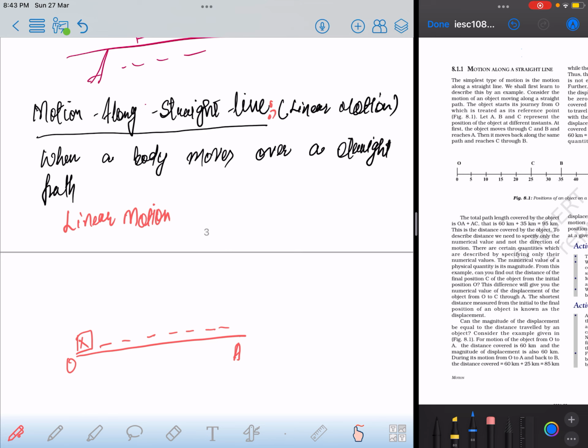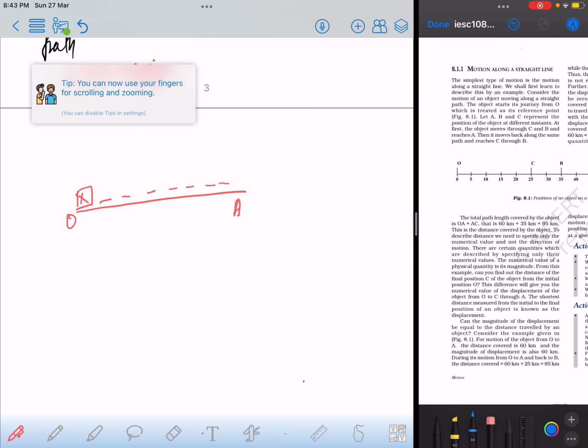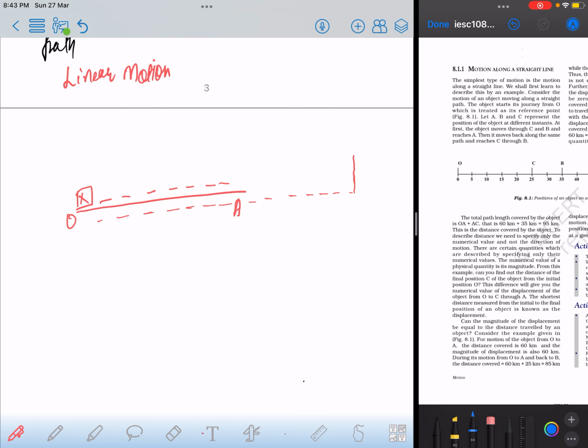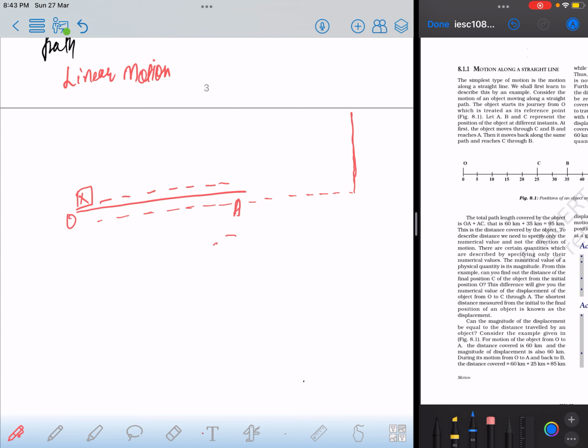Here we have a simple, small topic, motion along a straight line. Its other name is linear motion. So when the body does not change its angle while moving from one place to another place, suppose it is moving along a horizontal line and continuously moves in the horizontal line, sometimes it can go parallel, it can go vertical, but not changing its angle like this.